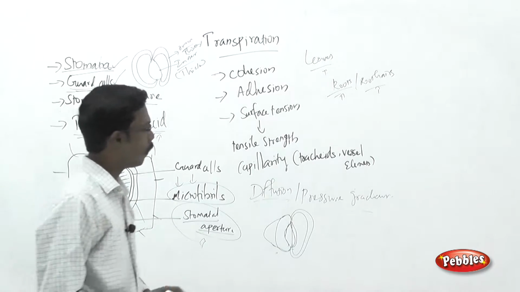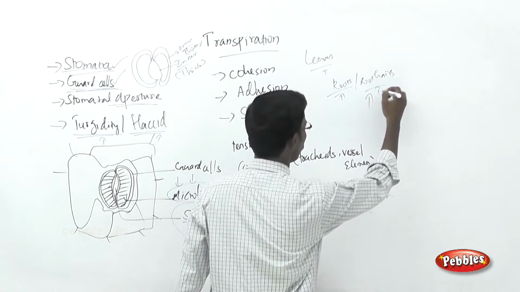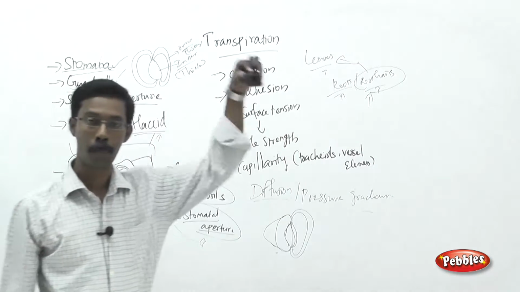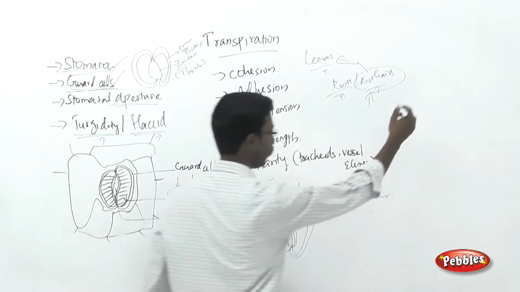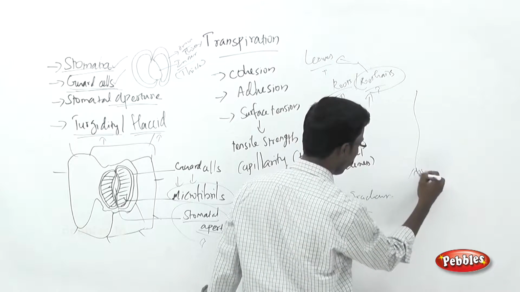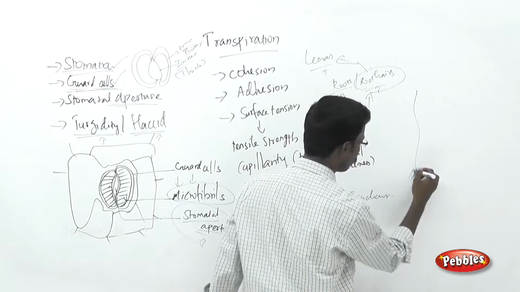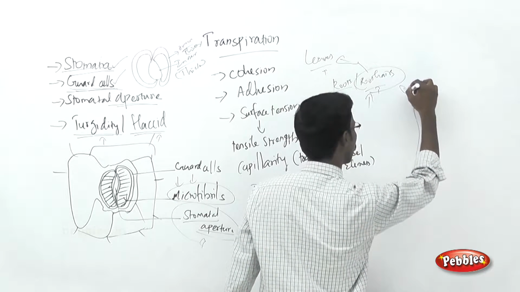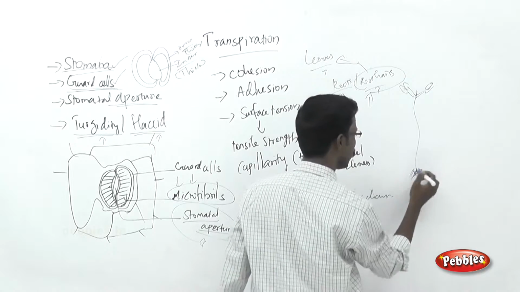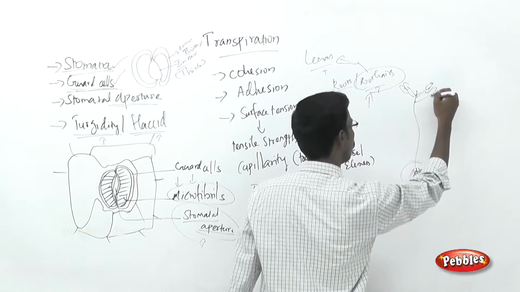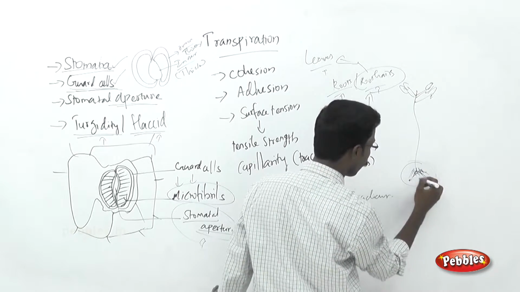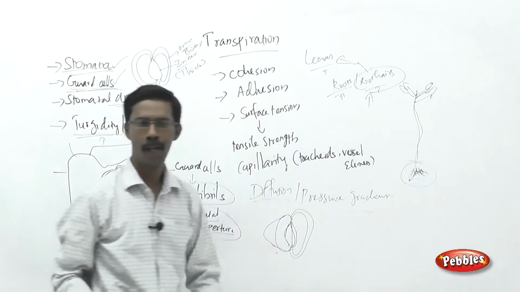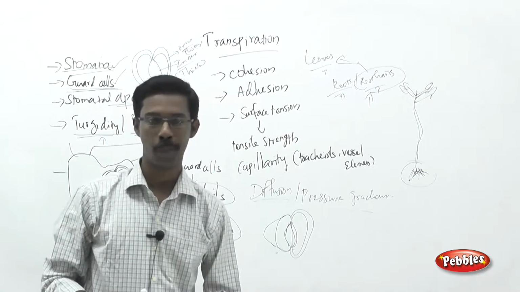Then only the water absorbed by the root hairs will be lost through the leaves at the tip of the plant. So just imagine a plant. The root hairs will be at the bottommost, and the leaves will be available at the topmost. The water absorbed from the root hairs will be moved to the leaves, and through the leaves it will be evaporated as the transpiration.